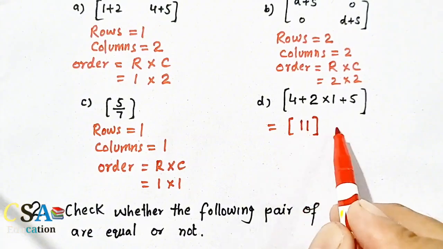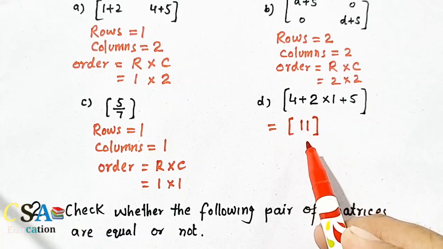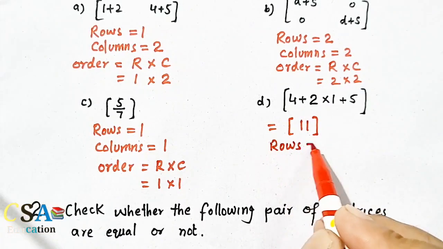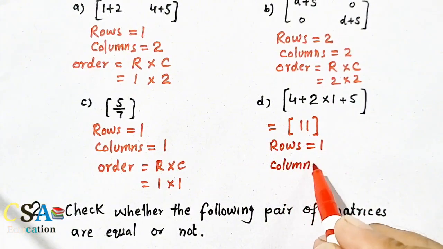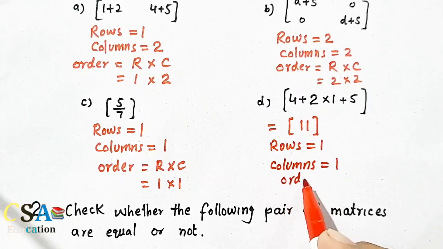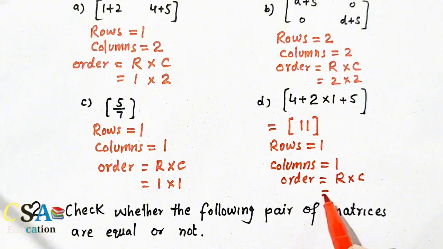So it is a row matrix or column matrix because it has a single row or single column. So rows are equal to 1 and columns are also equal to 1. Hence order of this matrix is R by C, which is equal to 1 by 1.